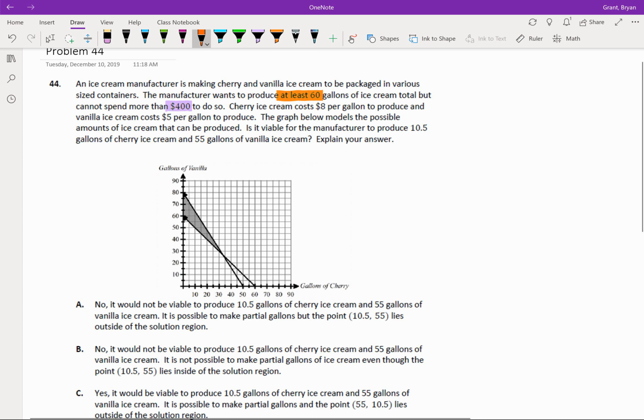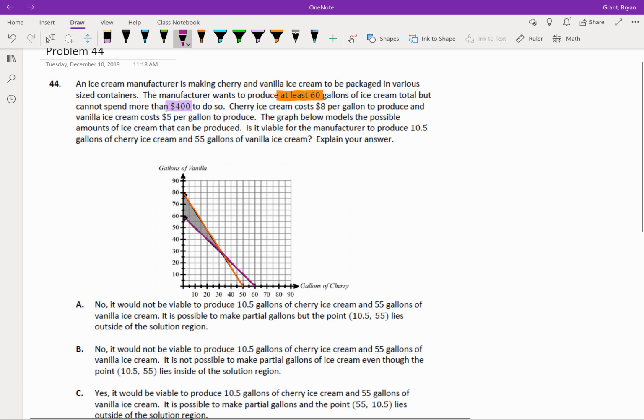One of these lines, and I don't know which, and it actually doesn't matter, is going to be the boundary line that separates the gallons of ice cream that you're allowed to have, and the other one is going to separate the amount of money that you're allowed to spend. And so we have two boundary lines, and with a system of inequalities, we're trying to shade the perfect spot that contains all the combinations, in this case of ice cream, that we're allowed to make. So let's take a look through.